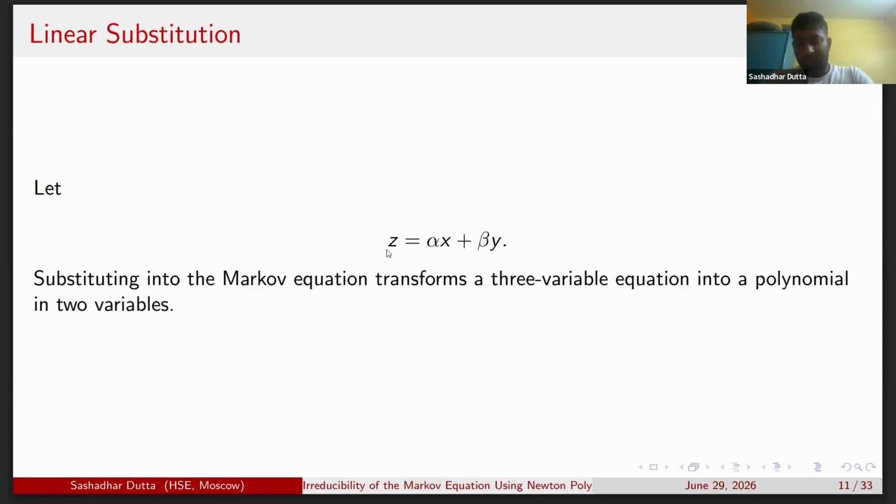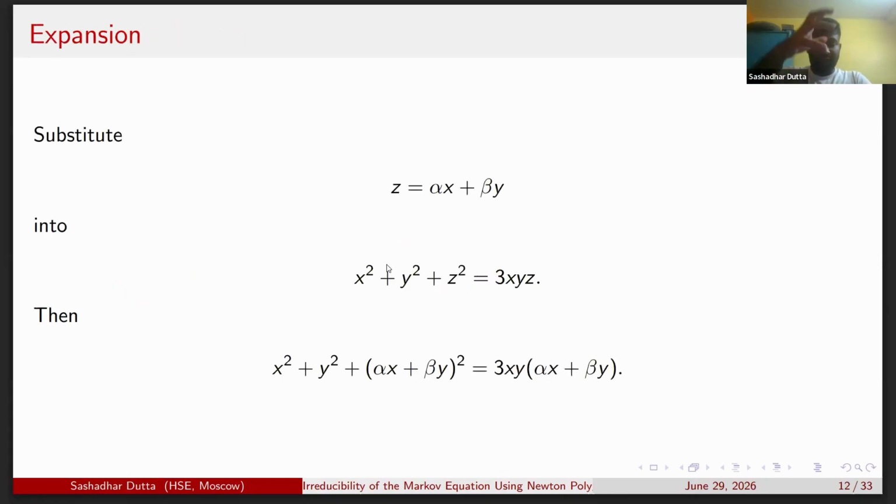So it looks like just two variables. It is converted into two variables: z equals alpha x plus beta y.